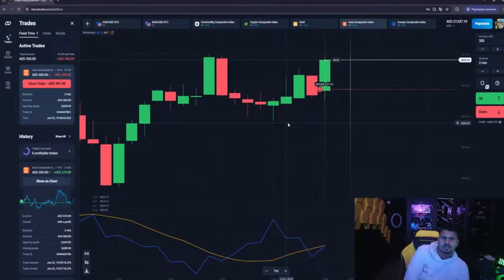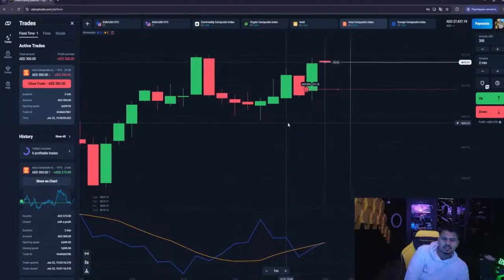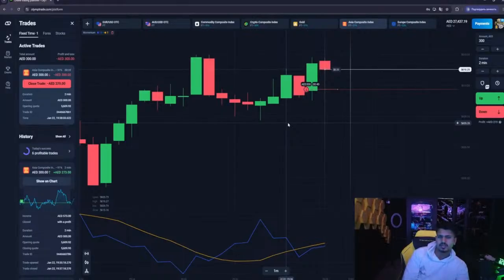It changed the direction finally. The Japanese candlestick is moving very long in size. Thirty seconds remaining now.